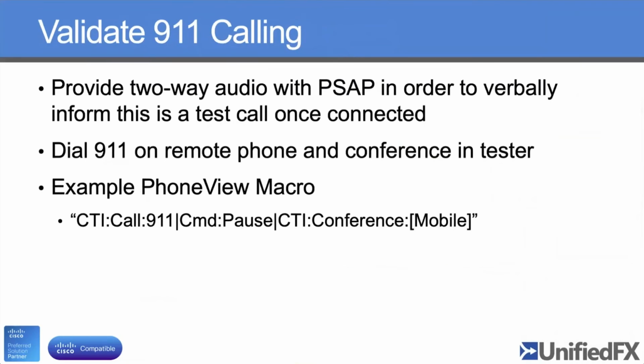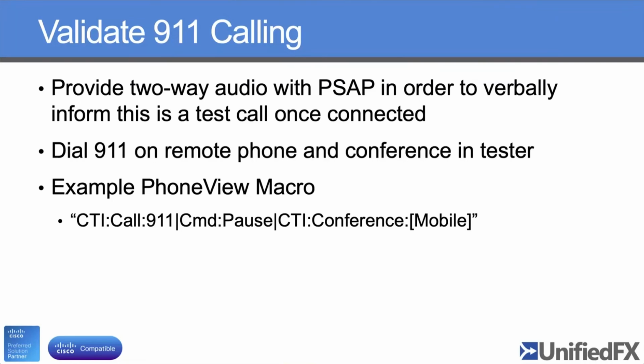Now, when it comes to validating 911 calling, there are a couple of key aspects to make sure it's all working as expected. If you're actually calling the public service answer point, normally you would physically go to a location, sit in front of the phone you're going to test, dial it and check it. The whole point of our software is that you basically don't need to go to site to do these things.